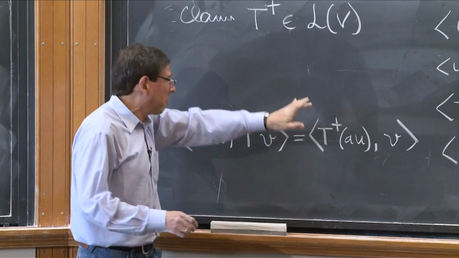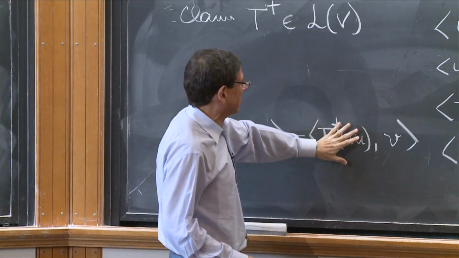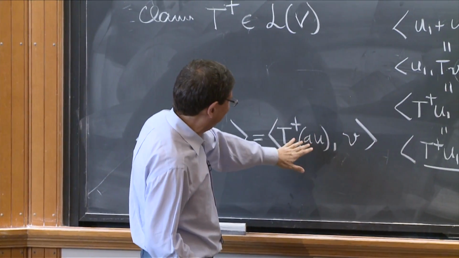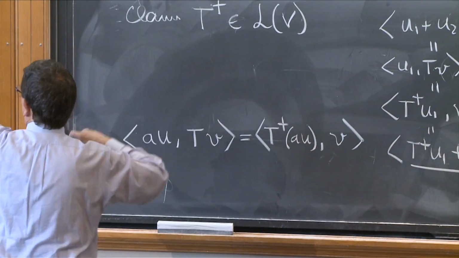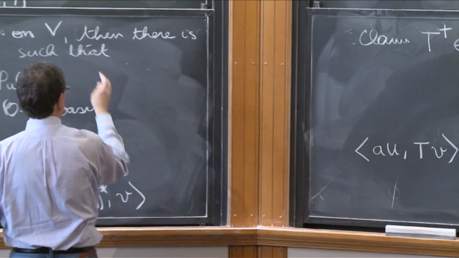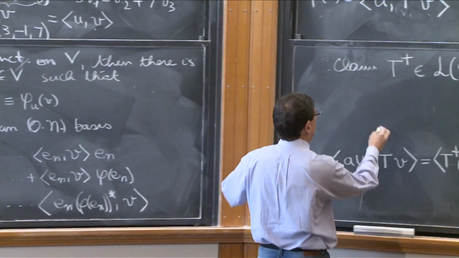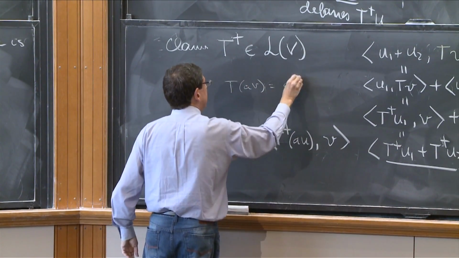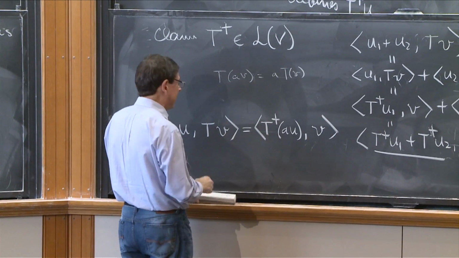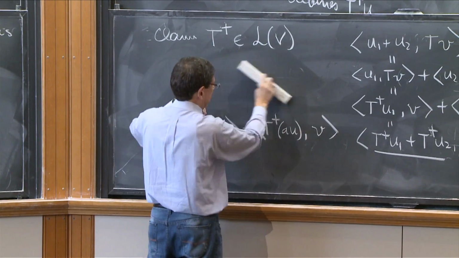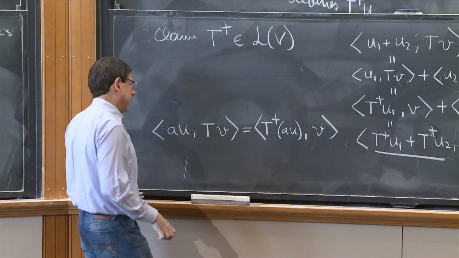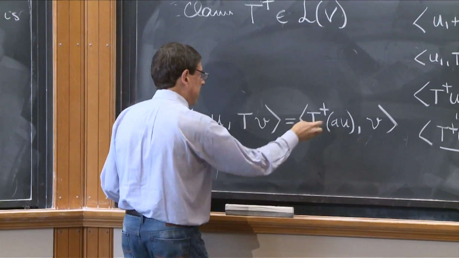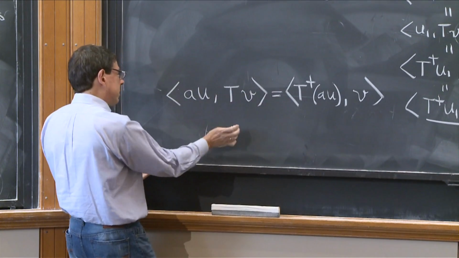A, because it's supposed to be a linear operator. So no dagger here. Any linear operator T on AV is supposed to be A T of V. And we're saying T dagger is also a linear operator in the vector space. So this should be with an A. We'll see what we get.